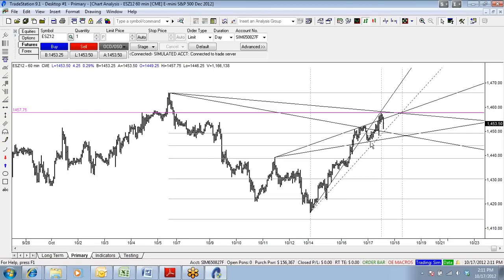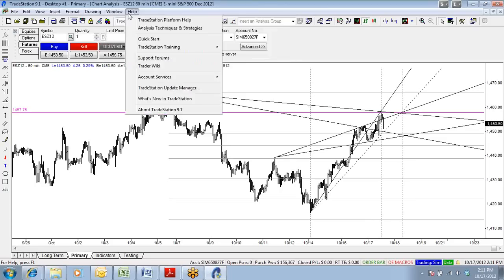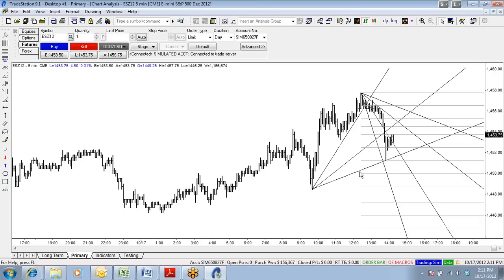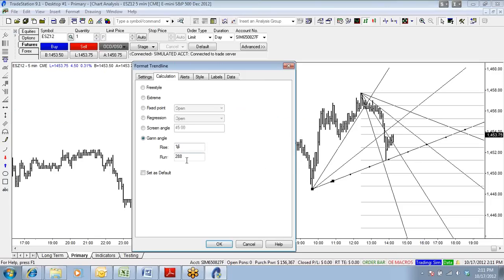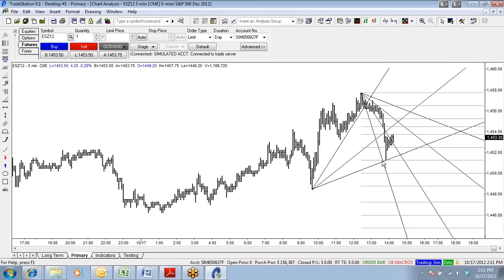If you add price lines in there and time and other things, you can see how it can become a very effective tool. And even down here on the 5-minute, I'll just show you guys that it does work. Here's the 5-minute drawn. You look at this line, that's the 16 by 288, so that's the 16 by 1, basically. The bottom was perfectly on that. And I'm just watching the current action to see what's going to happen here.